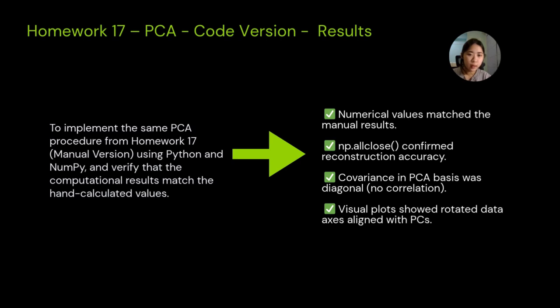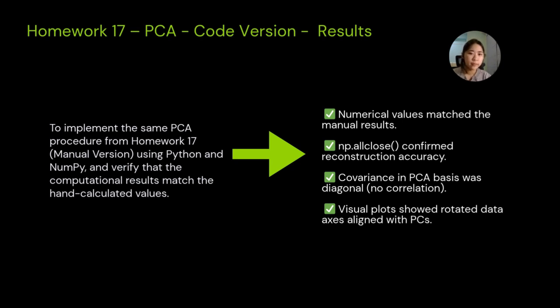So as I said, I did two versions, and in this code version, I implemented the same PCA procedure from homework 17 using Python and the NumPy library, in order to verify that the computational results match the hand-calculated values.